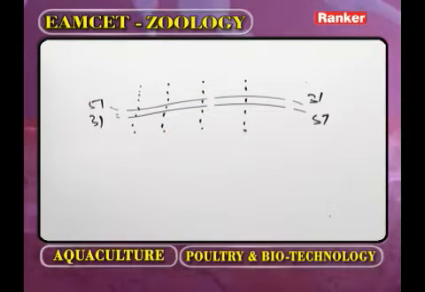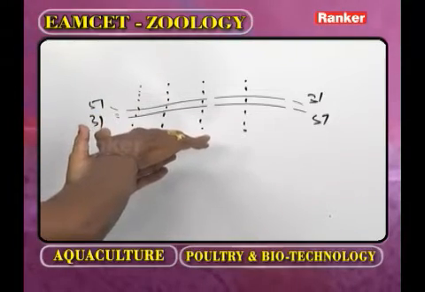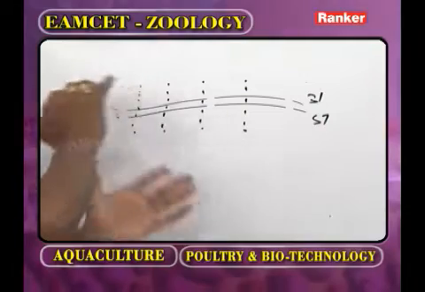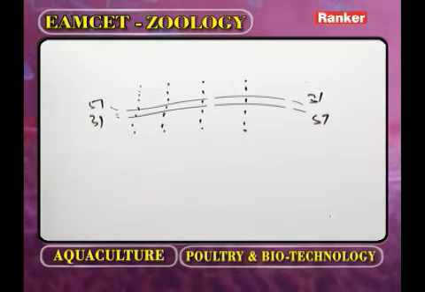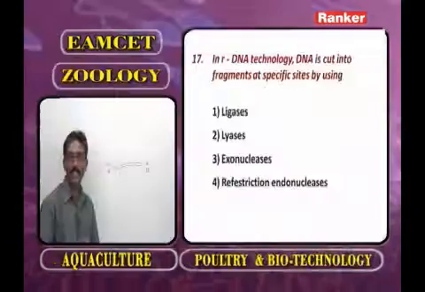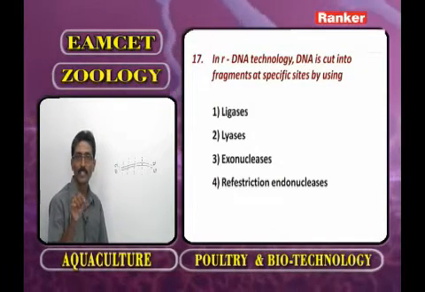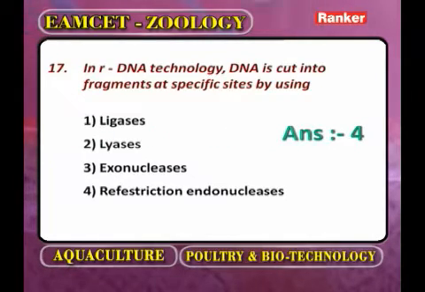But what about the restriction endonuclease enzymes? They cut the DNA strand at specific sites, that means in a palindrome sequence. What is the reason for the popularity of recombinant DNA technology? That is the invention of restriction endonucleases. Now, the next question.